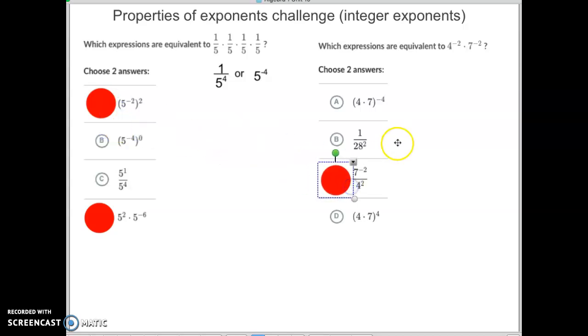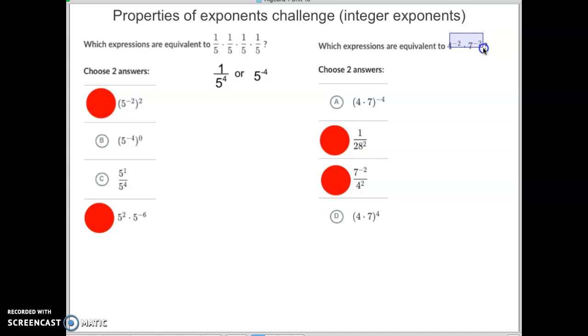So the question becomes, why is this one correct? We know it is, but why? Well, here's why. Because these both have the exact same power, and this only works if they have the exact same power, I can change this to 4 times 7 to the negative second.